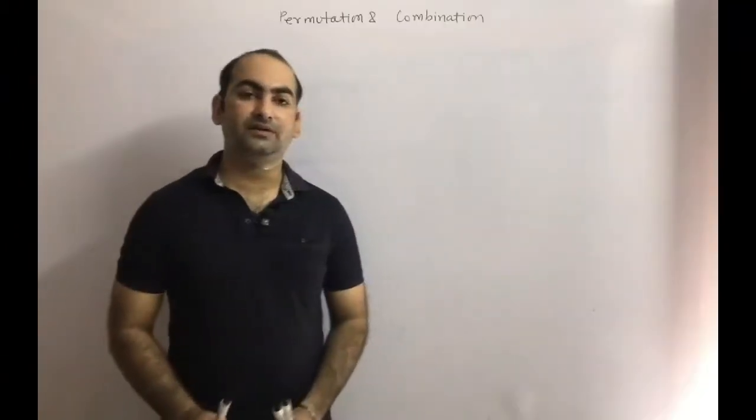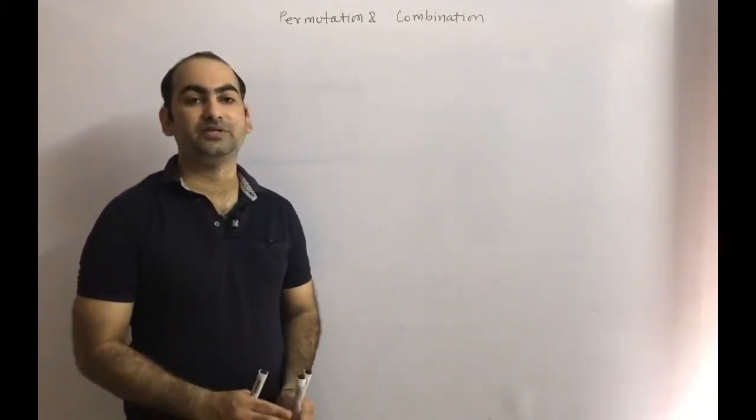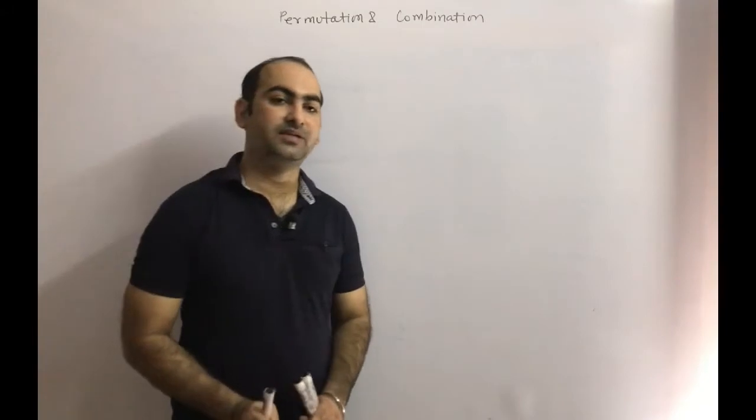In the last lecture we have done combination of n things if some are identical. So we have done that problem by using the direct method. That method I'm generalizing here.